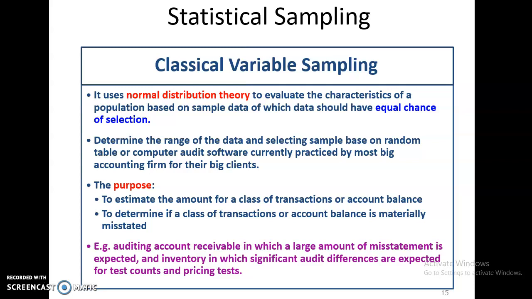It's just saying that for all the sample data, each data will have an equal chance of selection. So we will determine the range of the data and select the sample based on a random table or computer audit software, which is used widely by the big accounting firms.